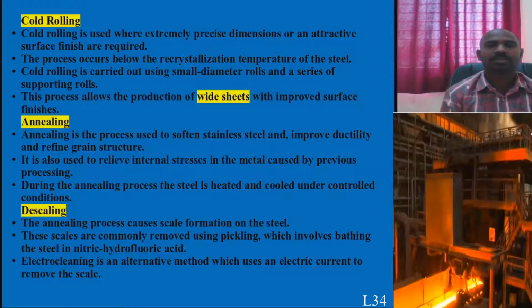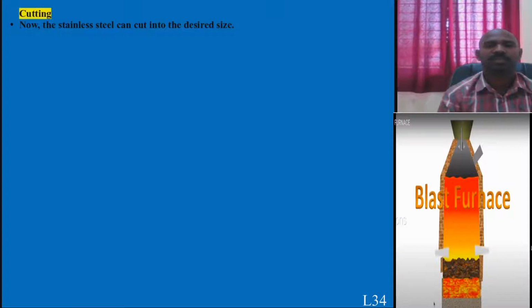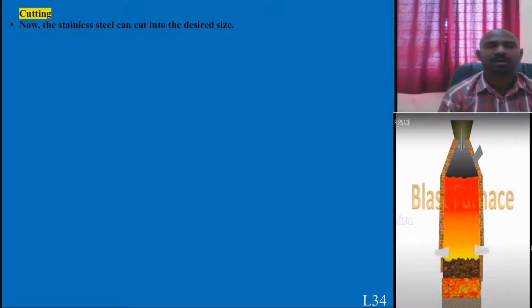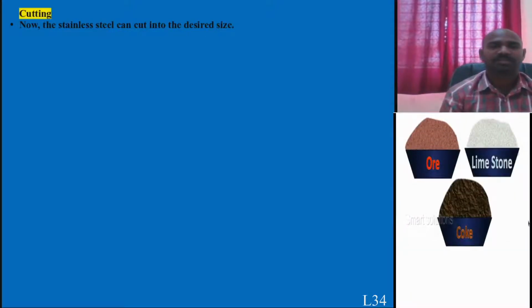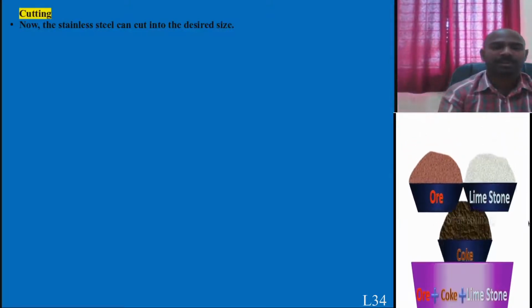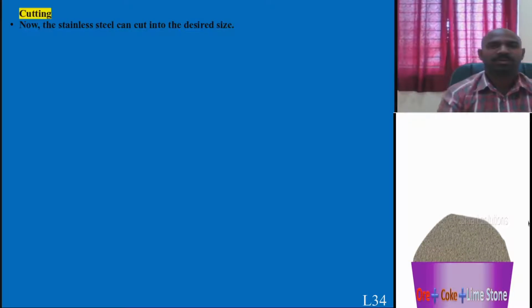That is an alternative method. Now coming to the cutting operations, it doesn't mean that the long length rods, long length wires are kept as a form of finished goods and can be sent to the further applications. They need to be cut into suitable size. Cutting operation also is important.